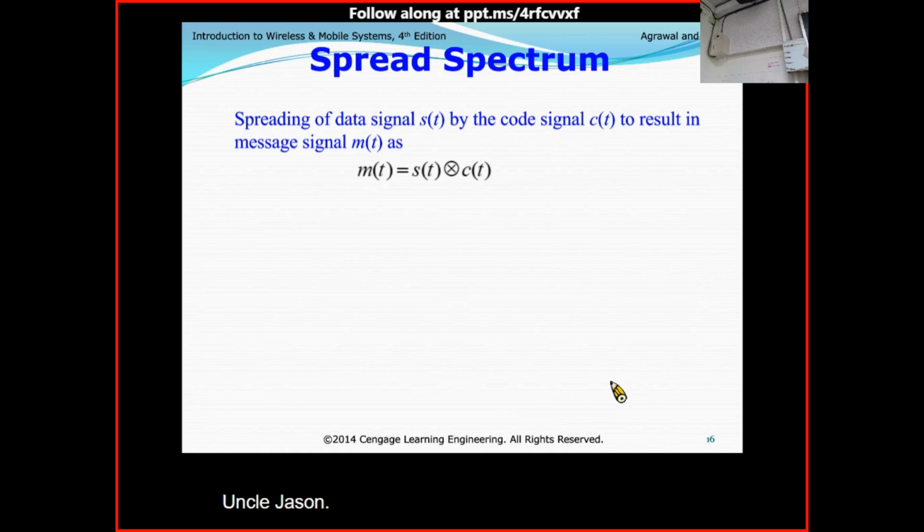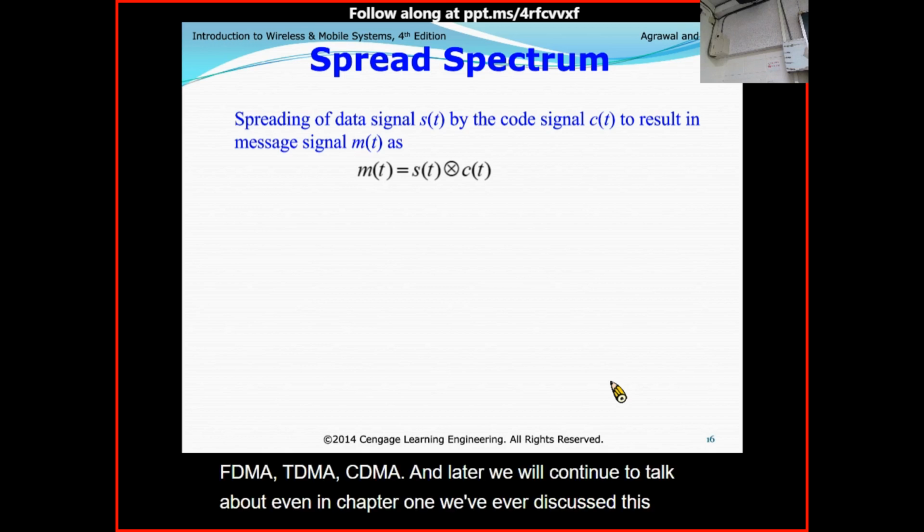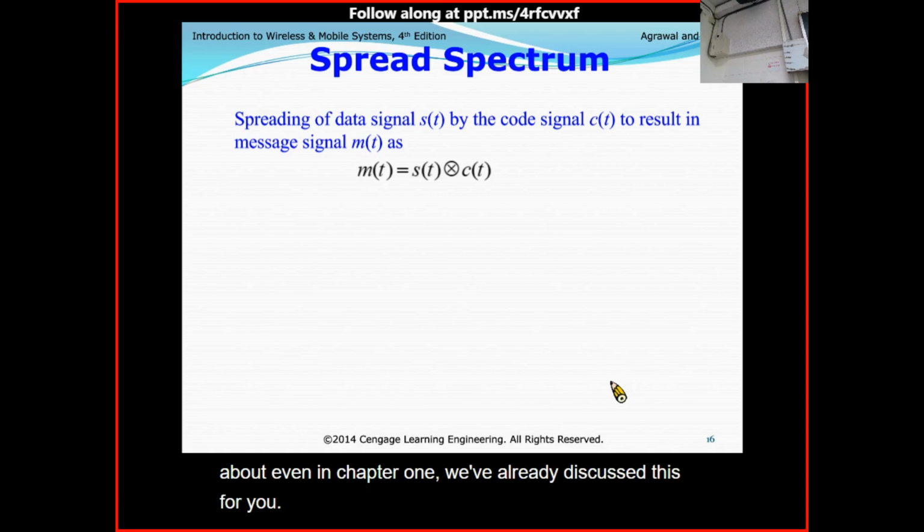And if possible, you can look up your task. We didn't have the quick discussion about TDMA. Sorry, FDMA, TDMA, and CDMA. And later we will continue to talk about spread spectrum. Even in chapter 1, we've already discussed this for you. All right, 2 minutes to have a short discussion.